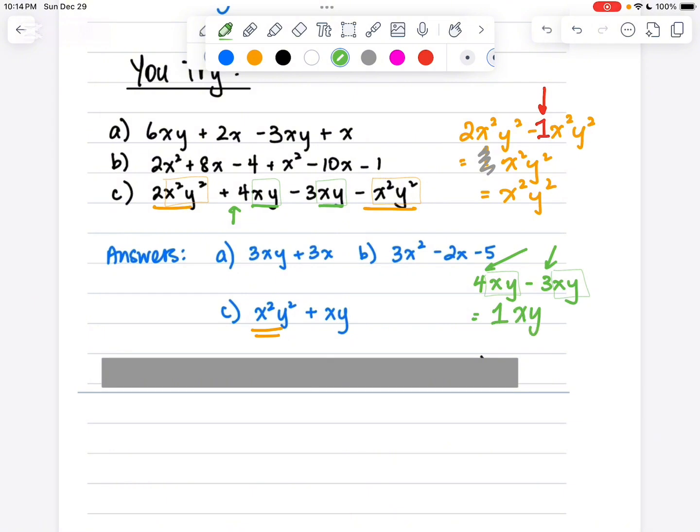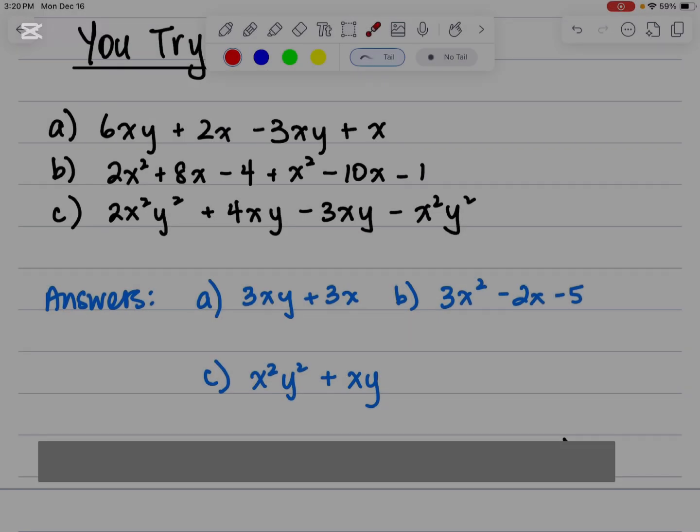And once again, we don't need that 1 here, so I'm going to get rid of that, and that's how I end up with this answer here. So again, if your final answer had a 1 here and a 1 here, you are correct. Just for proper math form, we like to take out those ones because they're not needed. So hopefully you got all of those right.